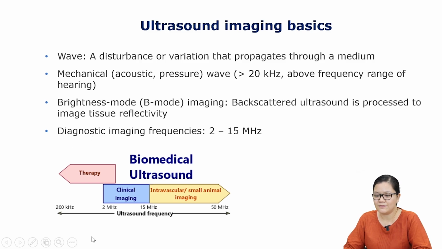So the therapeutic effect range goes from 200 kilohertz all the way up to 1 megahertz. And beyond 15 megahertz, we now delve into imaging smaller structures as we increase the frequency of ultrasound. Now, this delves into intravascular or even small animal imaging for preclinical studies.